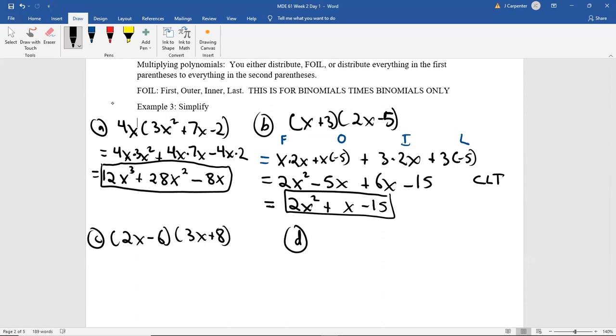That'll be C. And then we'll go with 5x plus 3 times 5x minus 3. That one's kind of a special case that we'll get to talk about a little bit later. We're going to take 4-ish minutes to try those out. And spoilers, there will be like terms to combine for both of those as you go.